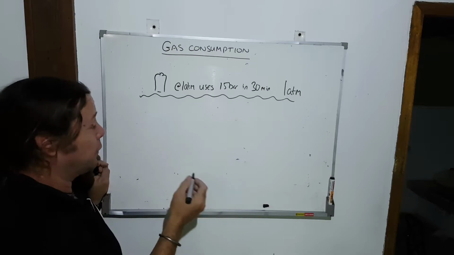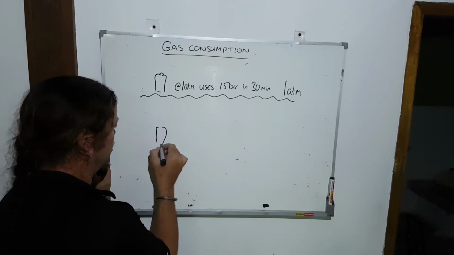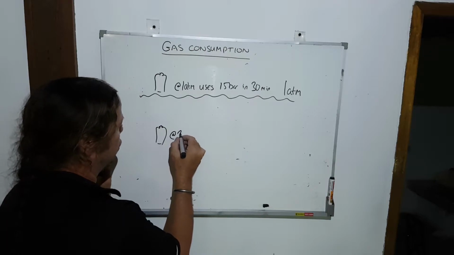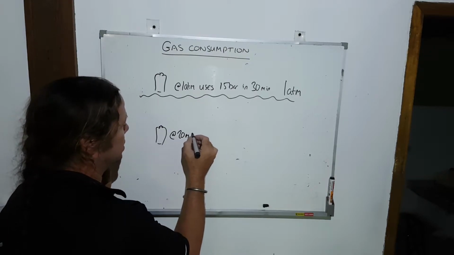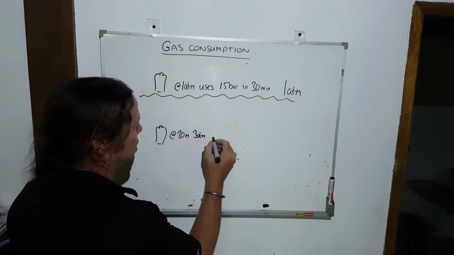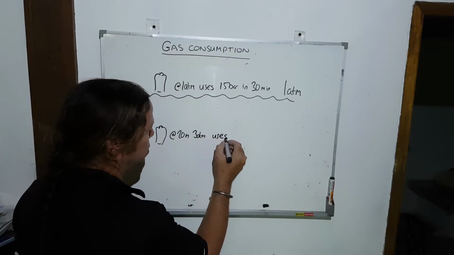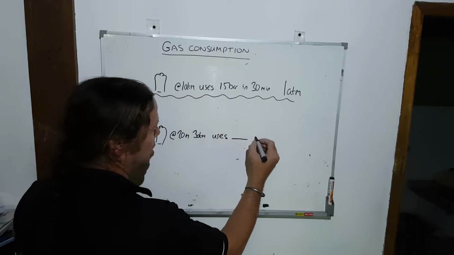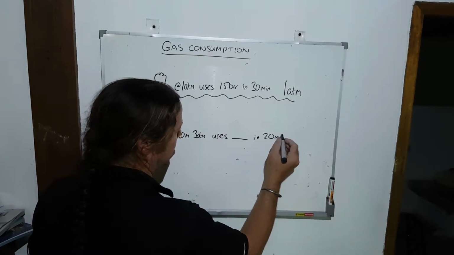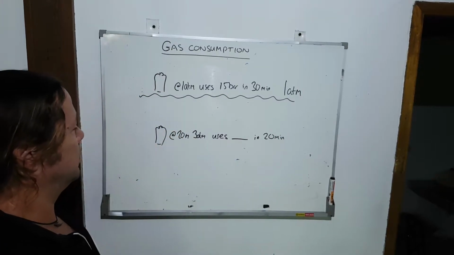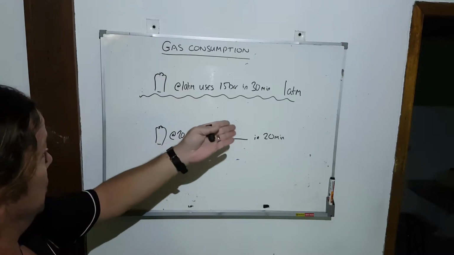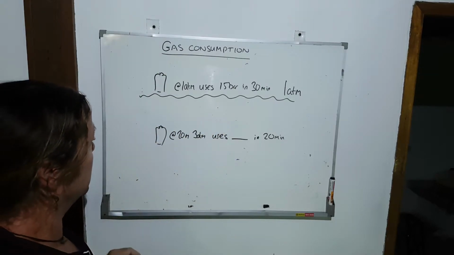And what it wants me to find out, get my tank again, at 20 meters, 3 atmospheres, is what does he use in 20 minutes. Cool. So I've just transferred my question onto the board, very clear what's going on there.